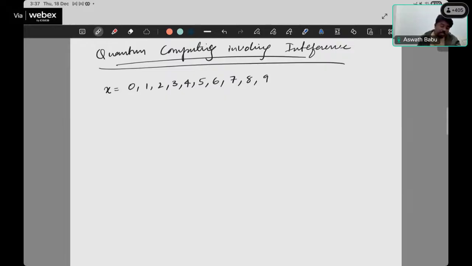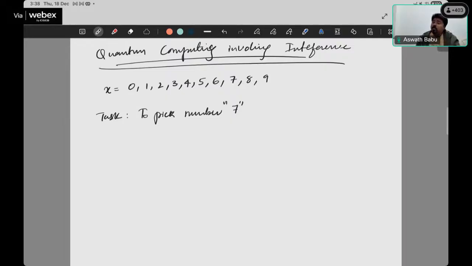Now I'll give a task: pick number 7. Number 7 has the property of being a prime. It doesn't have any factors other than itself and 1. So you have to pick that number. That is the task.